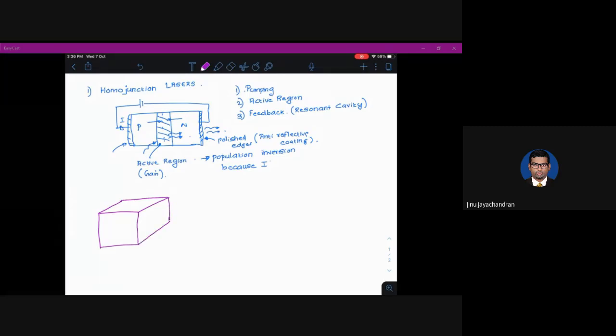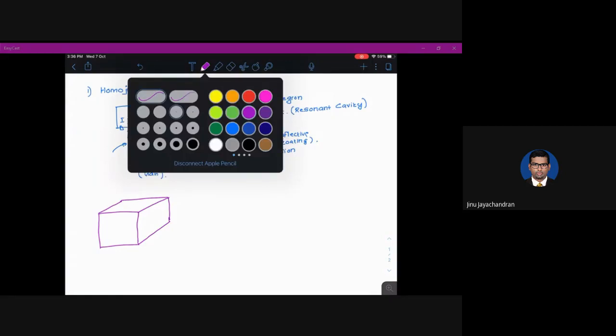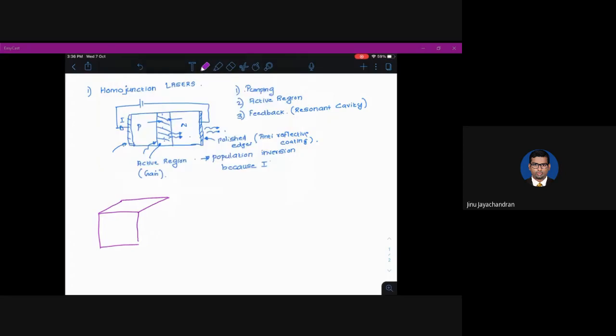In the middle there will be an active region, which extends to all the sides around the cube. So this is our active region.